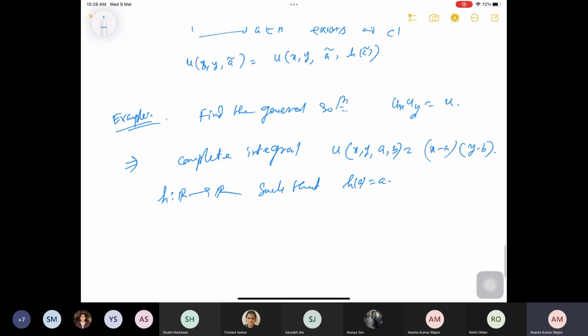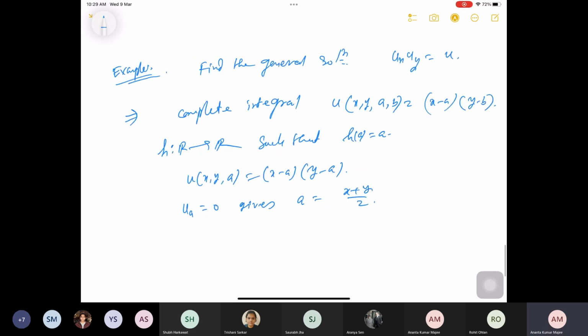So what I have then, if I define u(x, y, a), this gives you (x − a)(y − a), and hence u_a = 0. This gives my a, which is equal to (x + y)/2. Is it not? So then what is the general solution? The general solution, or the general integral, in this case, what will it be?